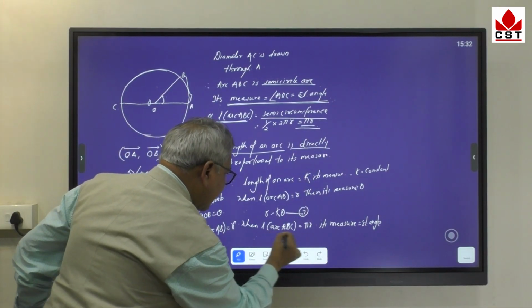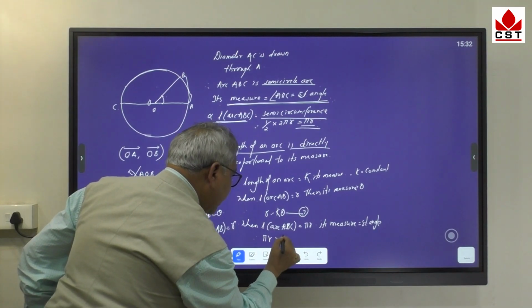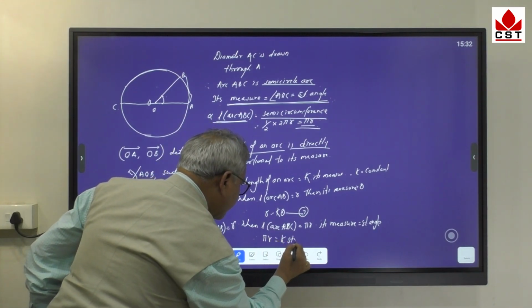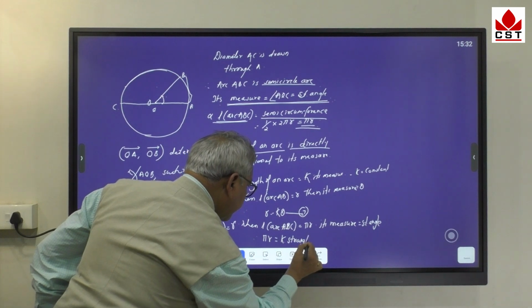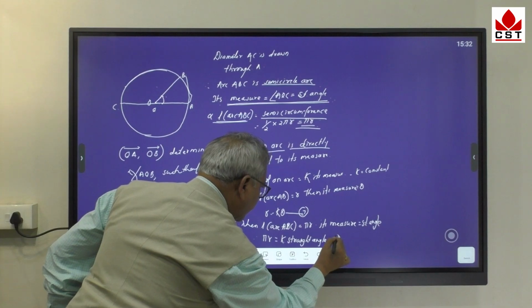Therefore, can I say like this, length of an arc ABC, pi r is equal to k into straight angle. That is equation number 2.